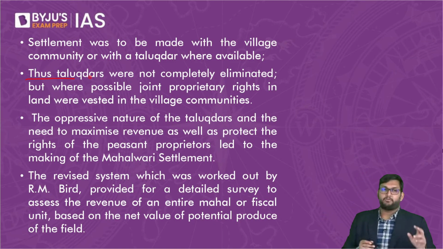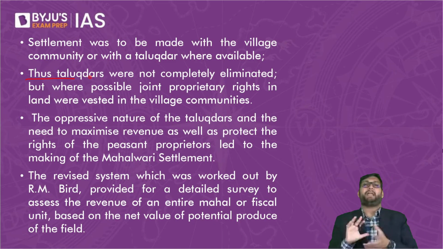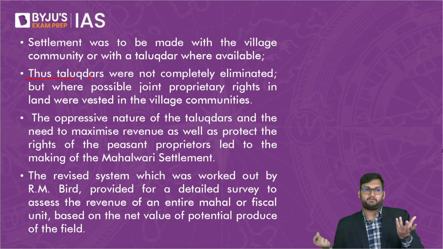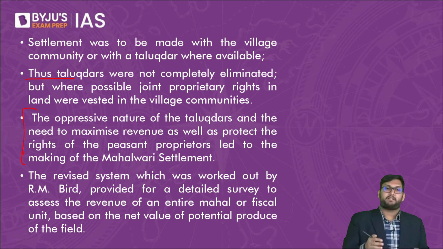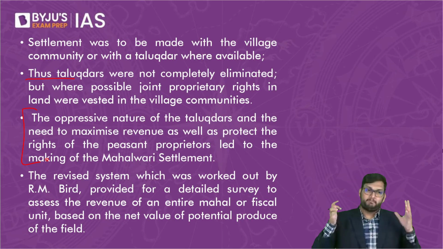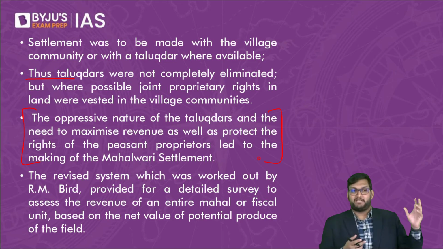Thus, the talukdar was not completely eliminated, and this joint proprietary right was the problem: the talukdar also has a stake and the peasant also has a stake. The oppressive nature of the talukdars and maximum revenue extraction meant that everything exploited the peasant only. The system will be revised later.